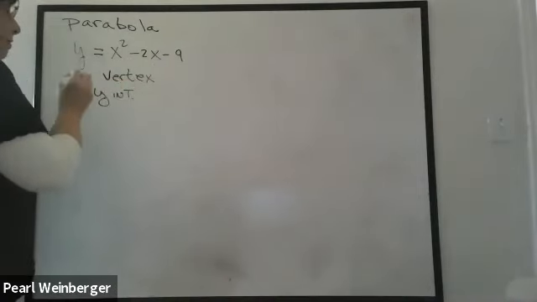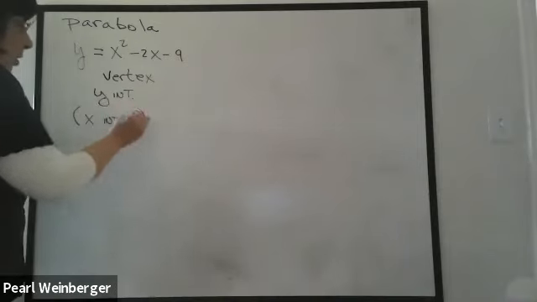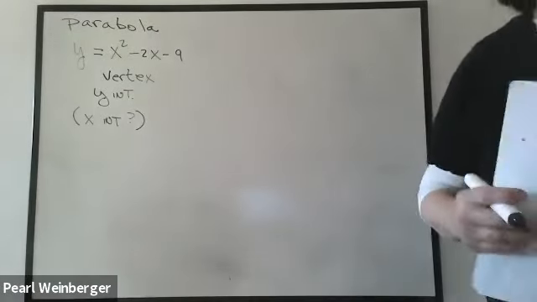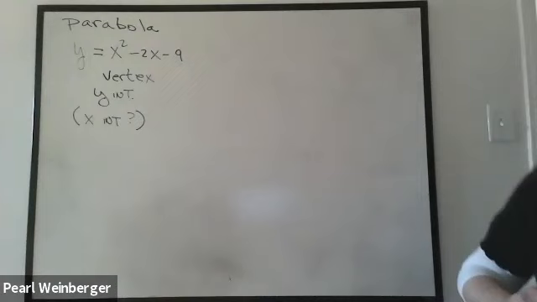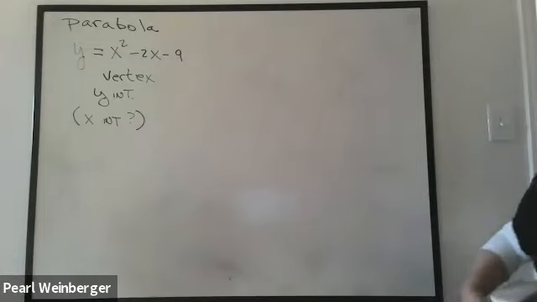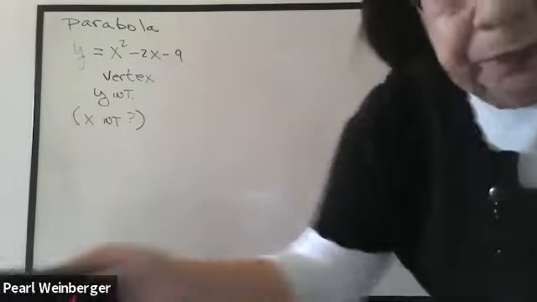If you can find the x-intercepts, that's an extra. In a little while, after I take attendance, I'm going to put on the board sketches, and you're going to have to pick the correct sketch. Okay, so I'm going to give you time now to work on this problem.